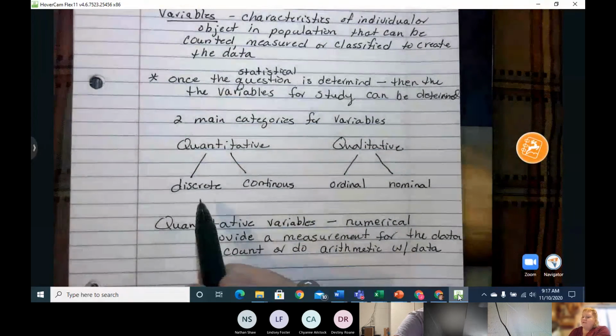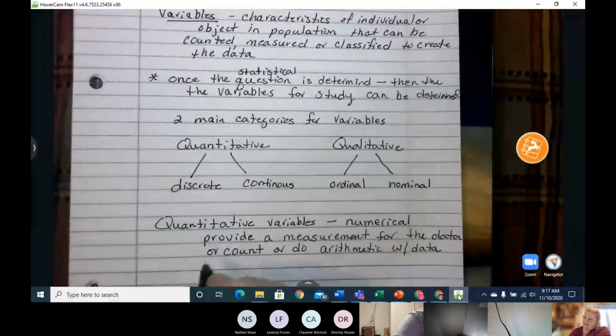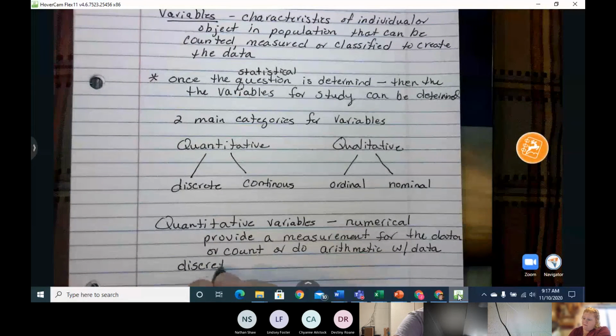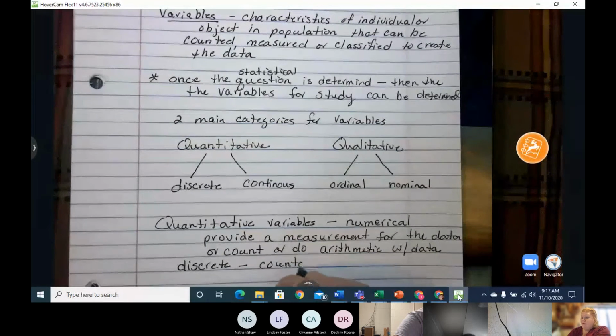To distinguish between discrete and continuous, discrete is only countable, where continuous is measurable.